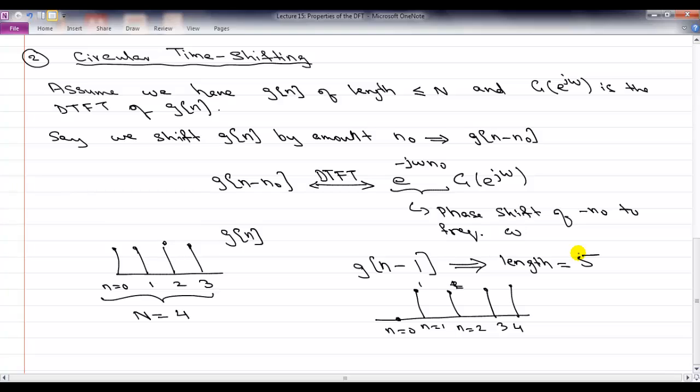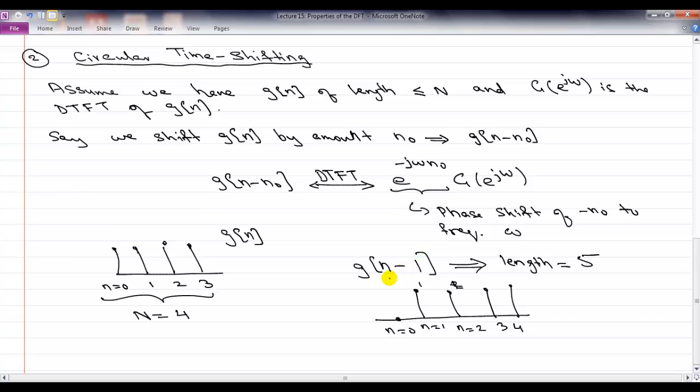But when we are interested in doing DFT computations, we have to work with the same capital N. So if you originally started with some capital N, and if you are not careful, if you shift your sequence by too much, you will end up with a different length sequence, and you now can't talk about the DFT with the same length.